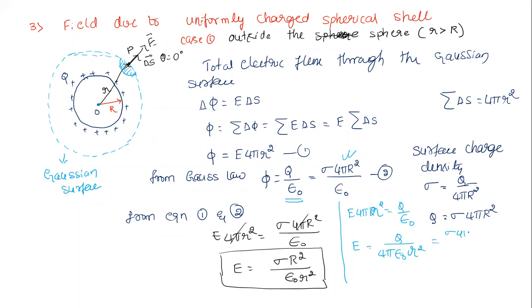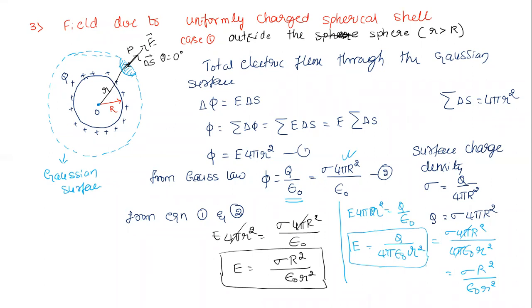It is sigma 4 pi R square divided by 4 pi epsilon naught small r square, 4 pi is going to cancel, sigma R square by epsilon naught r square. So why I'm taking this equation? Because look at this equation. This is for what now? Electric field due to a single charge, right?